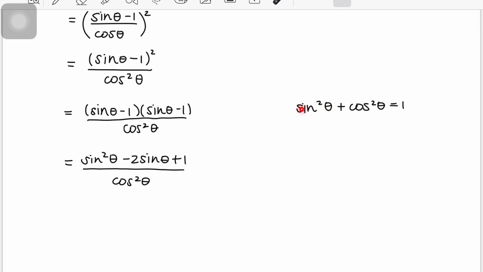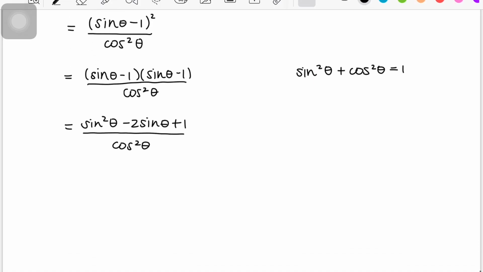Now if we subtract sine squared theta on both sides of this guy, we see that cosine squared theta will be equal to 1 minus sine squared theta. So we end up with this here, all over 1 minus sine squared theta.